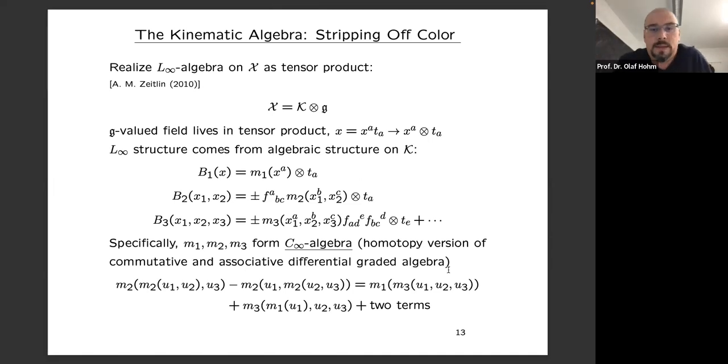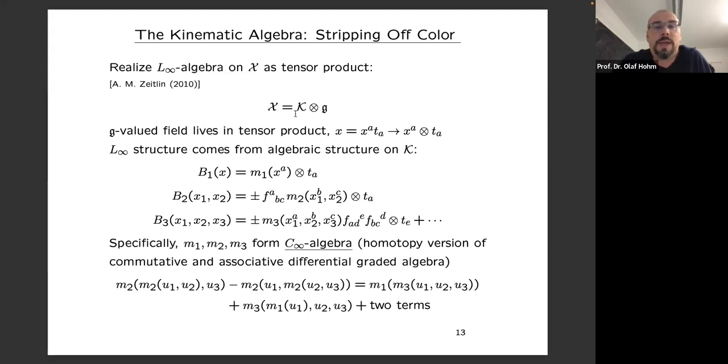And this works as follows. So the starting point is something realized by Anton Zeitlin a while ago, actually. That is, you can view the vector space of the L-infinity algebra of Yang-Mills theory as a tensor product of, well, the color Lie algebra g, as we reviewed for Chern-Simons, and some other kind of algebra, which we'll see in a second is a C-infinity algebra.